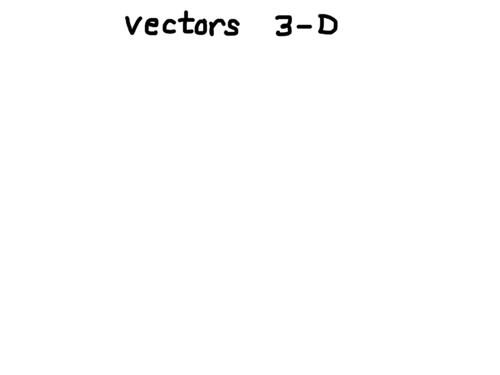If we have a point in three-dimensional space, let's say this is point 1, it has a location for x, y, and z, and this is a triplet. We've got x sub 1, y sub 1, and z sub 1.